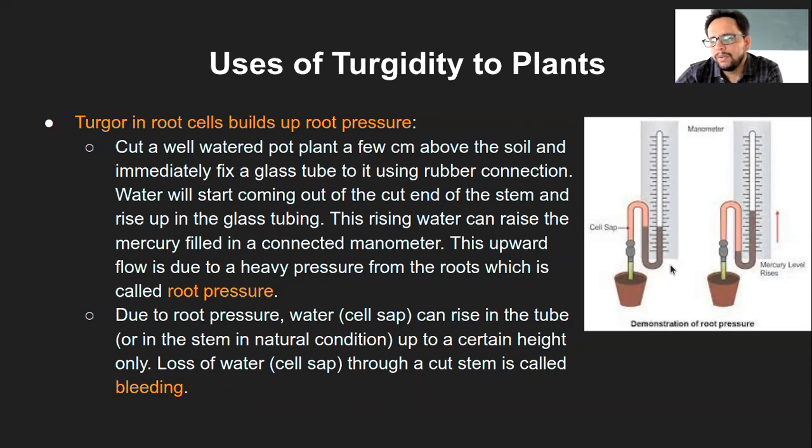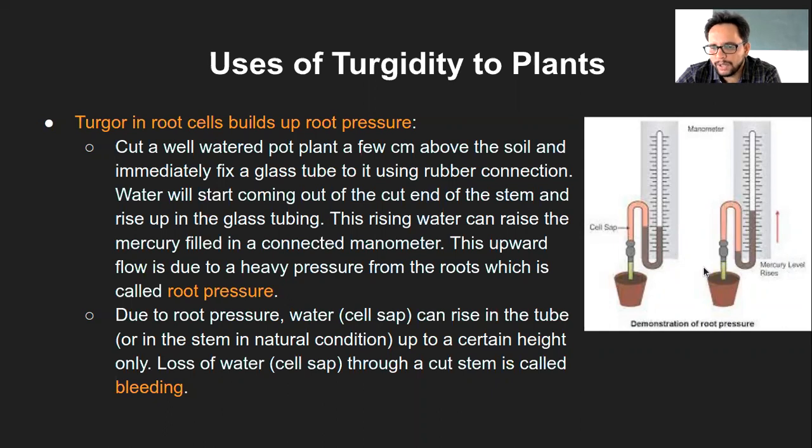After a while, if you leave it, you can see the mercury level rising. First both of these levels are equal, then this level increases and it goes up on this tube. That means the cell sap is oozing out from the stem.